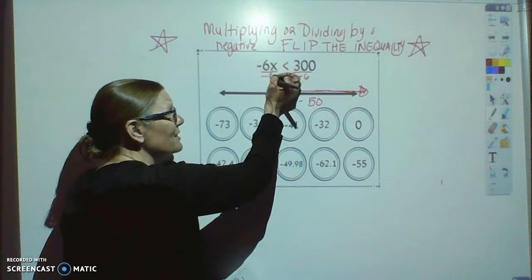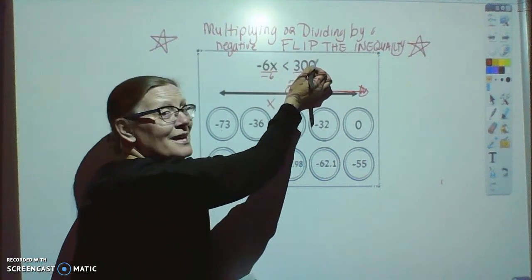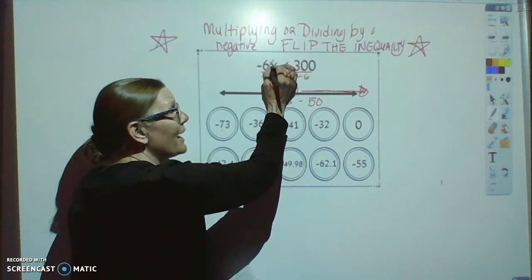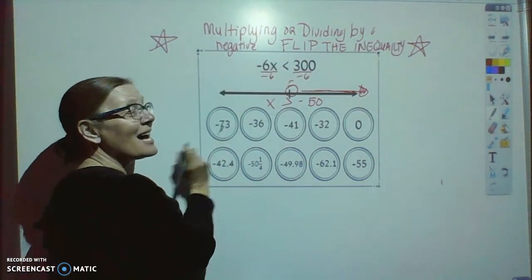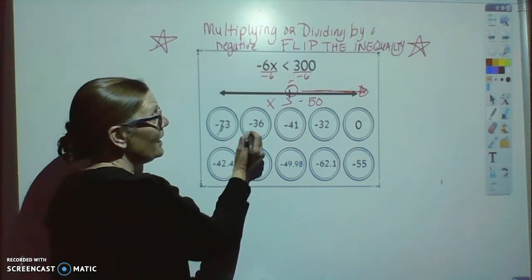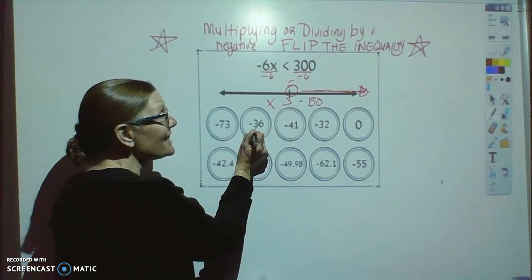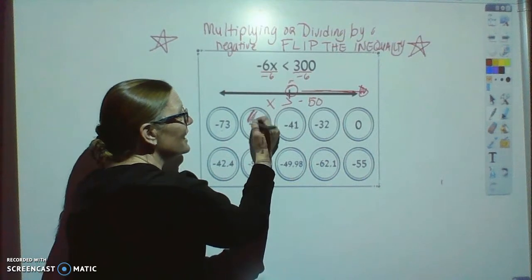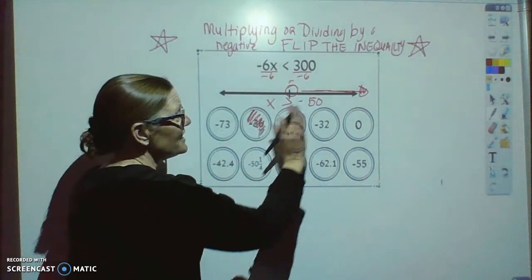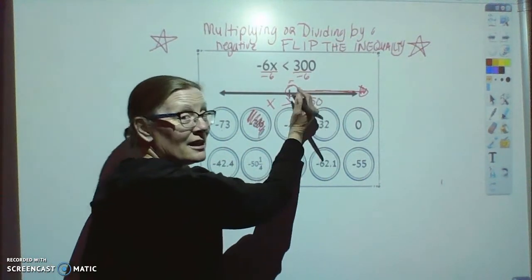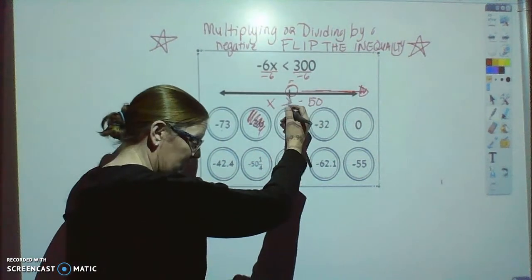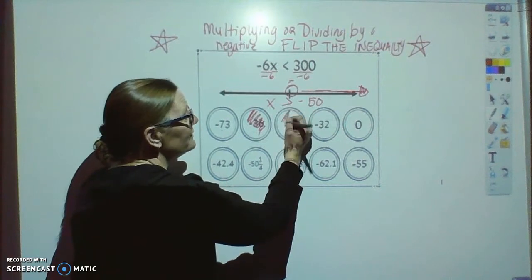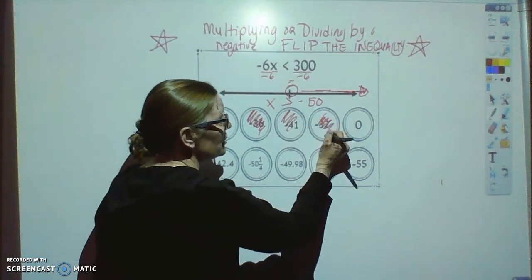That makes it a really big positive number. That's not going to be less than 300 because when I have two negatives, it became positive. Negative 73 is not an answer. Okay, negative 36 is going to be less than 300. It's also in your graph, you can see it's to the right of negative 50. So is negative 41 and negative 32.